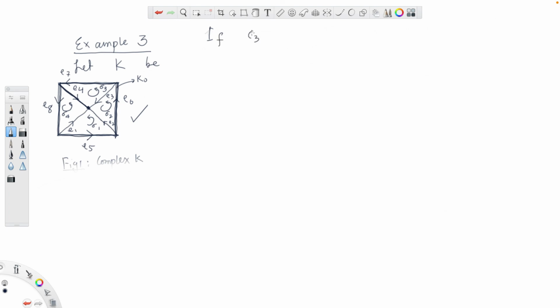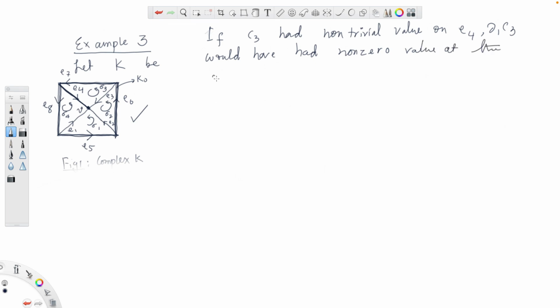If C3 had non-trivial value on this one simplex E4, delta 1 C3 would have non-zero value at the vertex V. Vertex V is the point at which the two diagonals intersect.